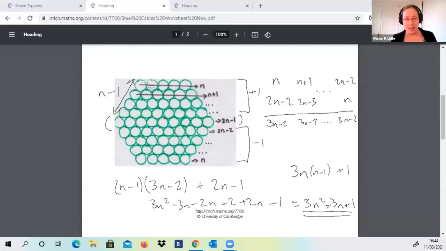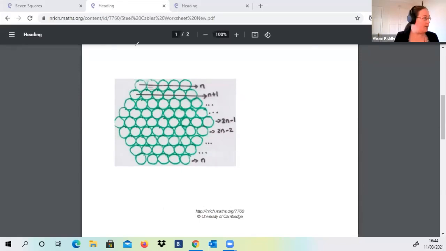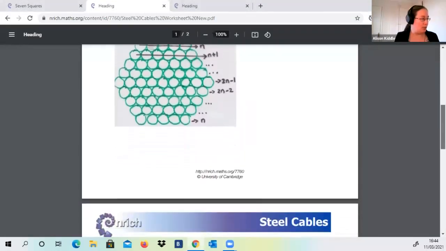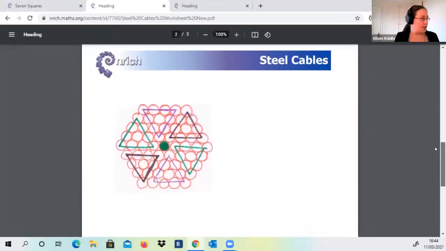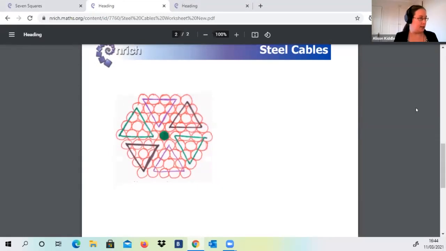And so it may be that some of the ways of expressing the formula make more sense than others, or are easier to explain than others. I'm aware that we've still got quite a lot to get through, but there are 2 more methods to look at. So I think it would be nice to say a little bit about this method, and then to talk about why perhaps the 4th method is structurally the same as this.